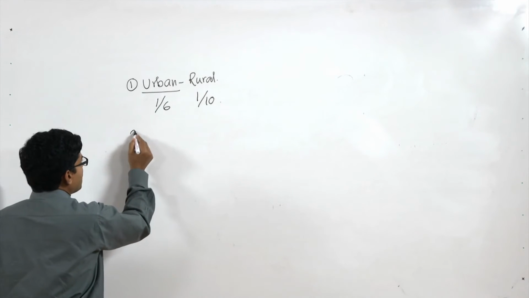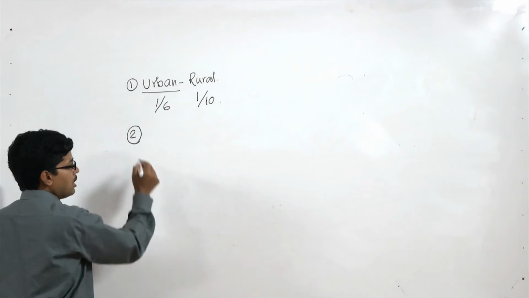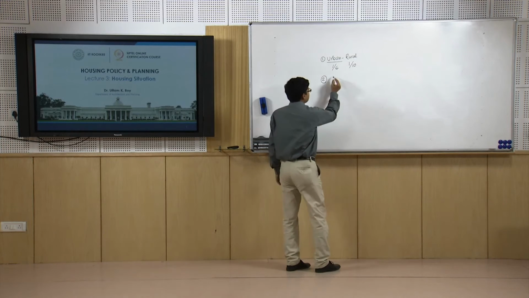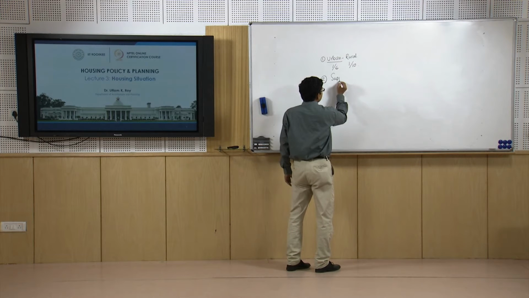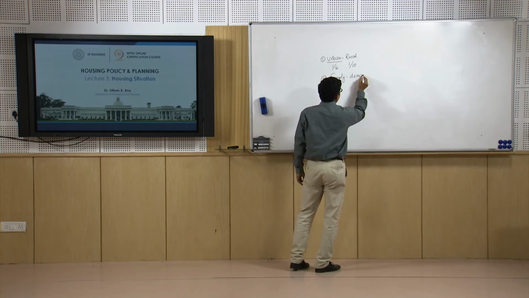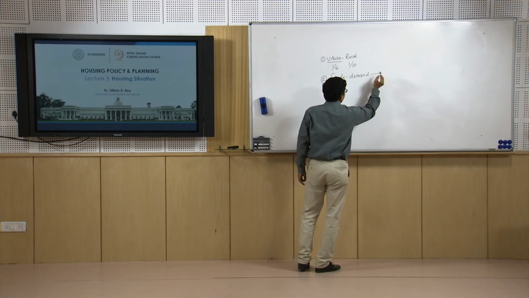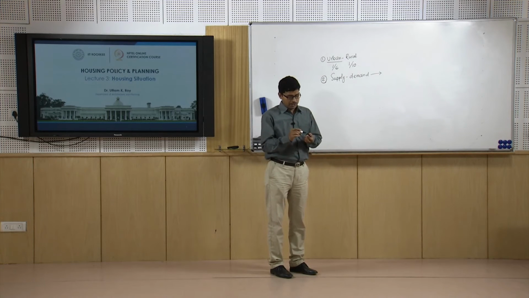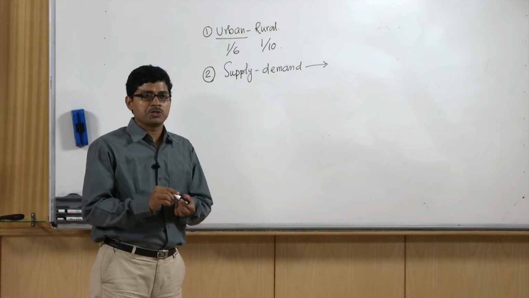The second discrepancy, or characteristic, of the housing situation in India is the supply and demand mismatch. You know that housing provision is sometimes categorized based on the economic group.